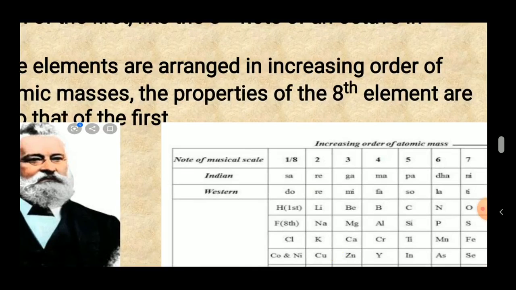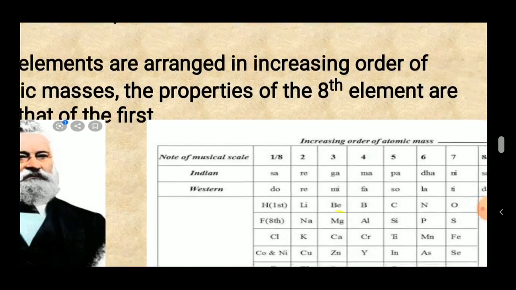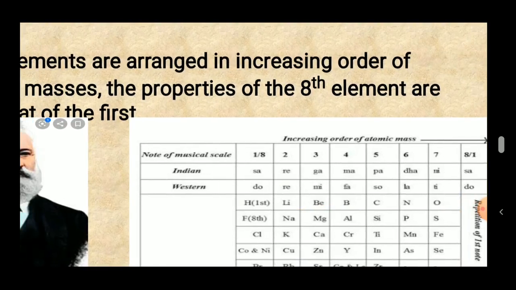Hydrogen is the first element, lithium is the second, third beryllium, boron fourth, fifth carbon, nitrogen is the sixth, seventh is oxygen, and F is 8th. So the properties of hydrogen and fluorine are almost similar.